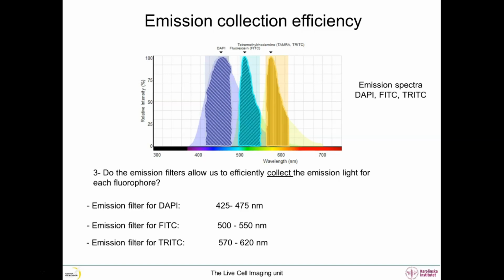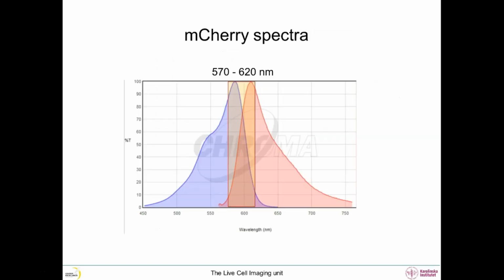Never just assume that the filters on your microscope will work with your fluorophores. It often happens that the available filters are far from optimal. Here is an example of mCherry seen through the same emission filter. Both TRITC and mCherry are red, but mCherry is redshifted.